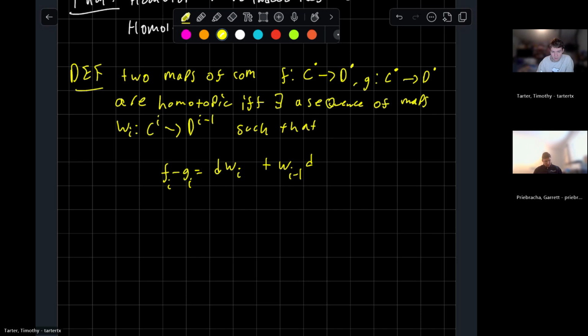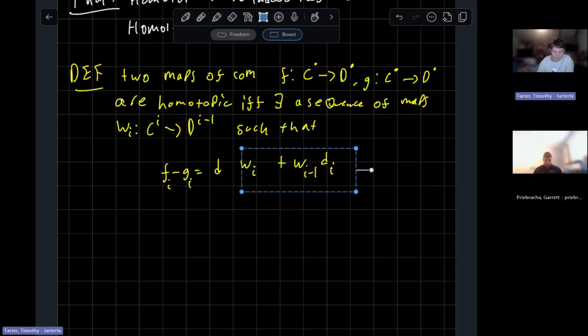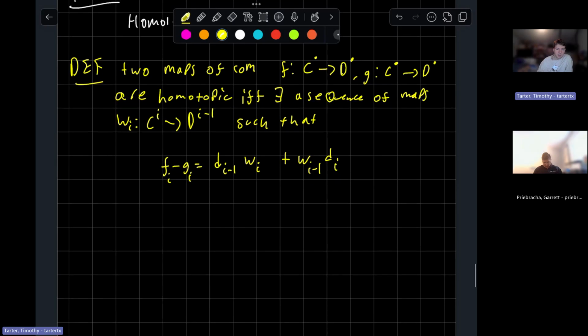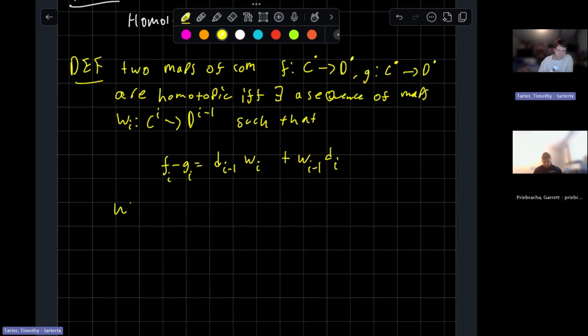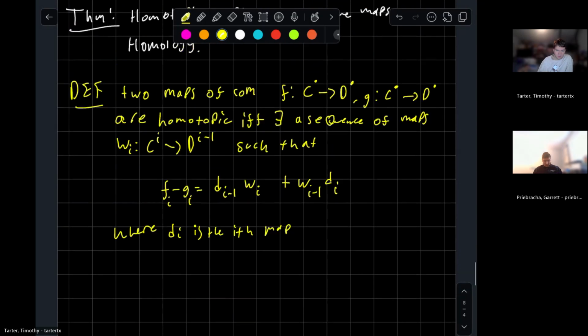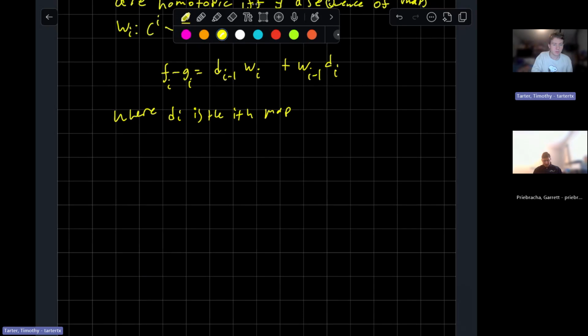And then DI and DI minus 1, where DI is the ith map. What? Okay, so this is what I'm confused on.